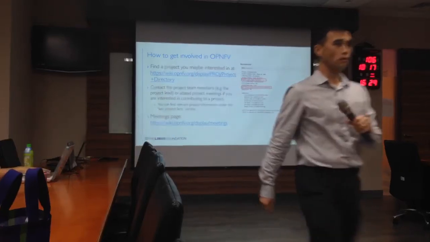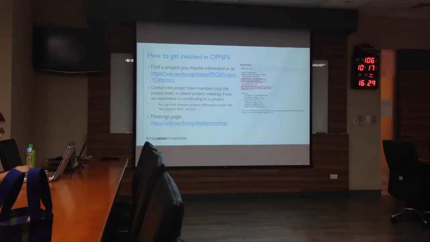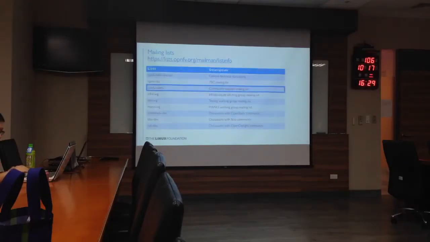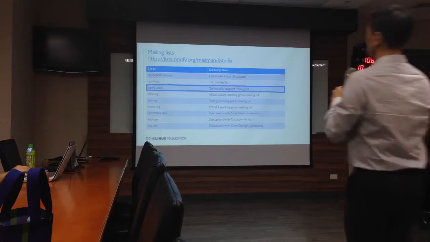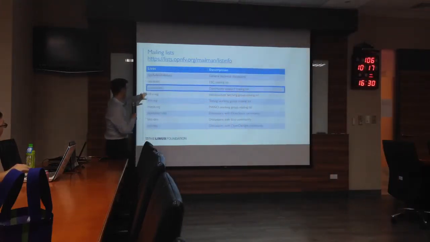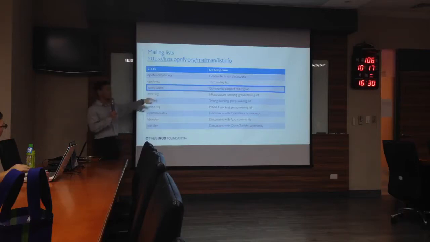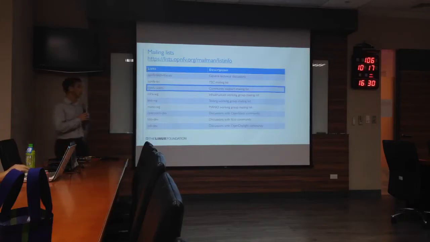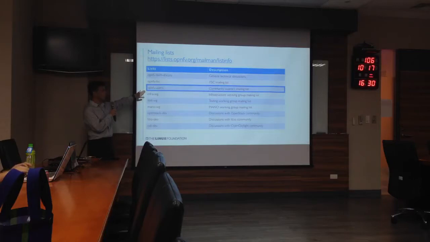In terms of other communication channels, we have lots of mailing lists. The one thing I wanted to highlight is the mailing list for users, OPNFV users. If you go to the main URL there, you can click on each one of these and start subscribing. The OPNFV users list is pretty amazing.